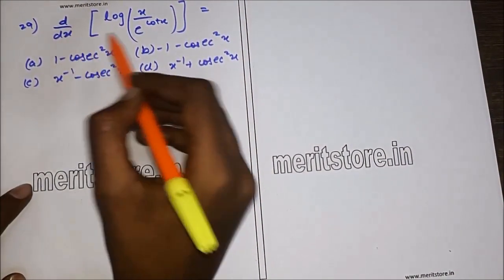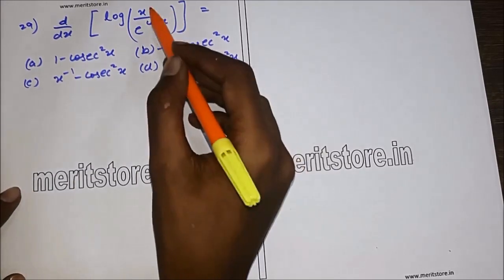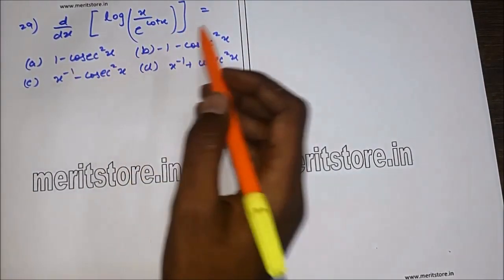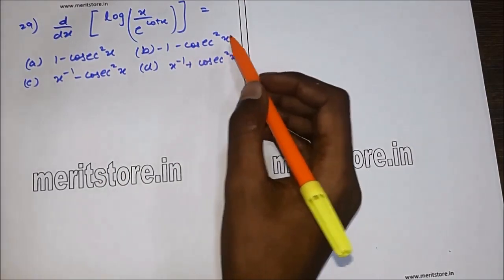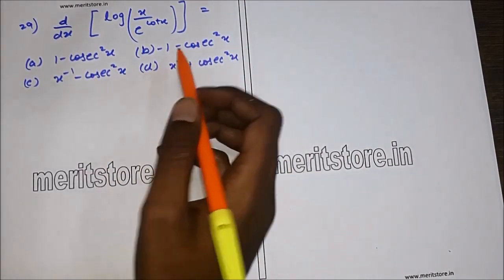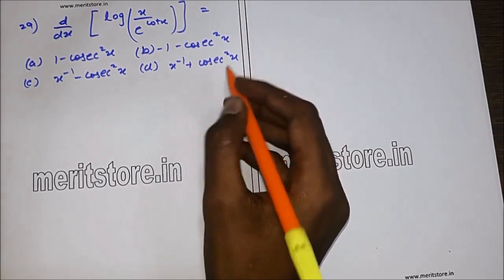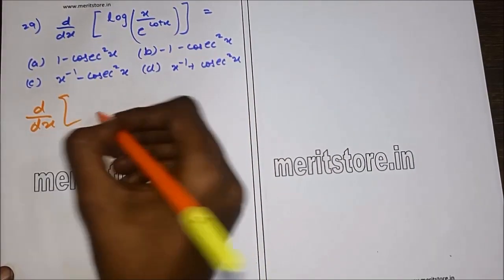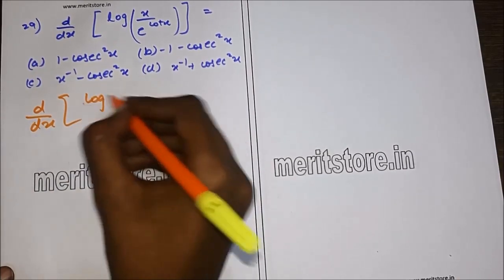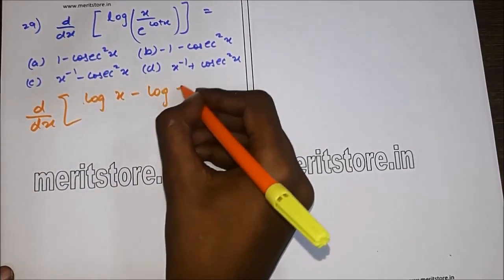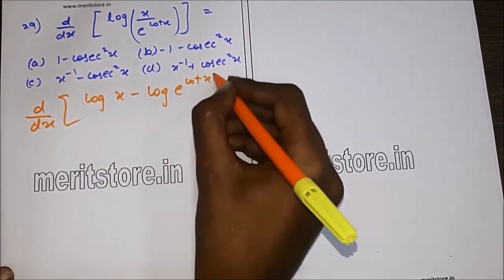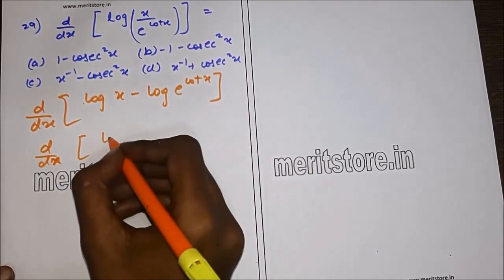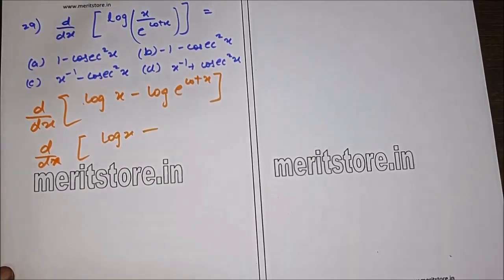Differentiation with respect to x of log of (x upon e raised to cot x) is, the options are 1 by x minus cosec square x, minus 1 by x minus cosec square x, x inverse minus cosec square x, x inverse plus cosec square x. So first, by the law of logarithms, we get log of x minus log of e raised to cot x, that is d by dx of log x minus cot x log e.